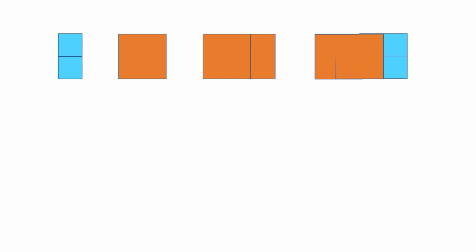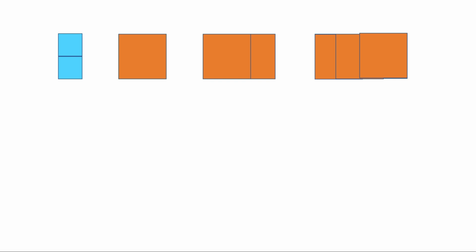Now take the 4 small squares at the middle and you can make another large square like this. Now take 4 small squares at the end and you can draw one more large square like this. So altogether, how many large squares are there in the fourth figure? 3. Very good.